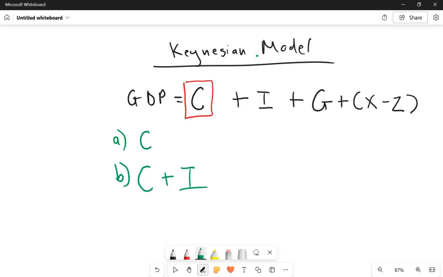But as I move further up and we go to C, which is the three-sector model, we're involving household consumption, C, plus my investment, plus my G. That is the formula for your three-sector model.